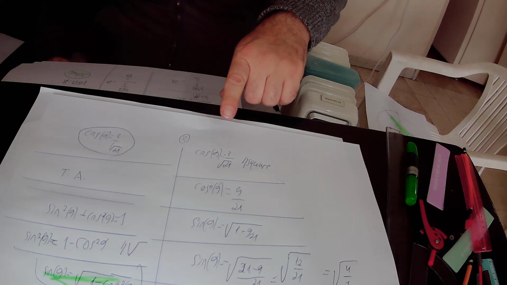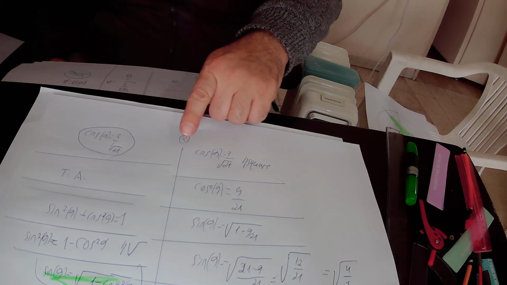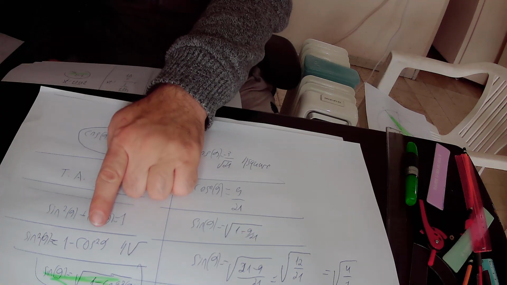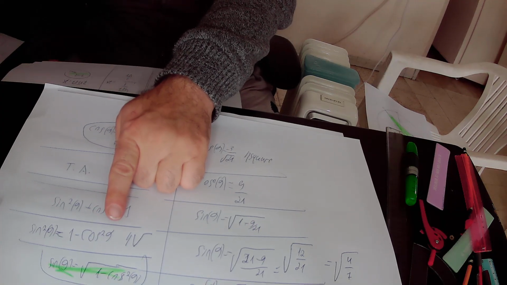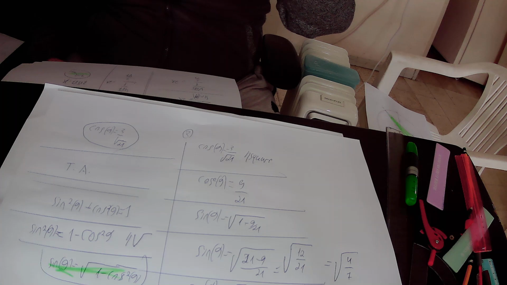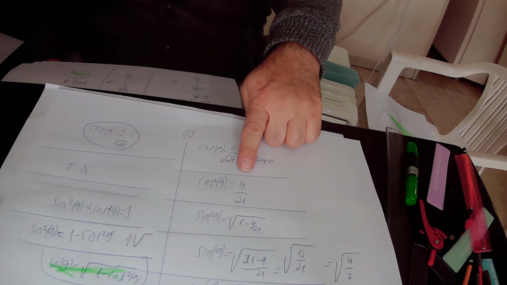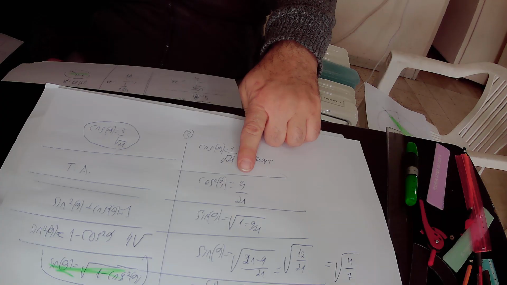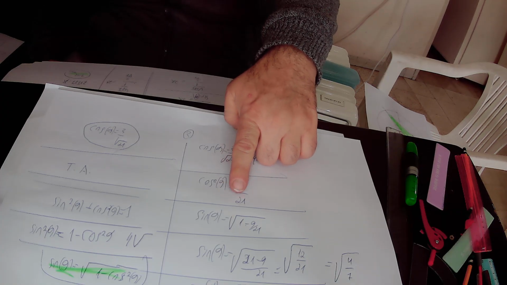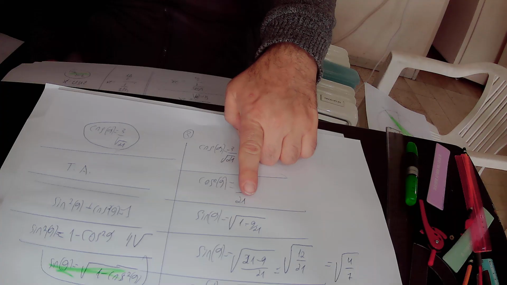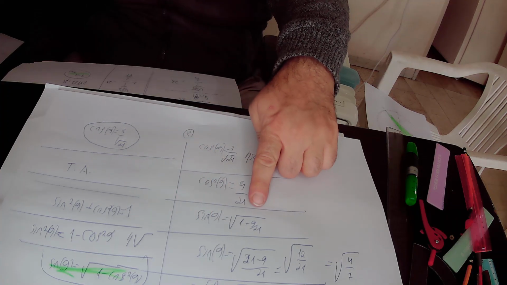And we have the equation that says sin alpha equals the square root of 1 minus cosine square alpha. So we can substitute cosine square alpha in this identity by 9 over 21. We did it, and found out that sin alpha equals the square root of 1 minus cosine square alpha, which is 9 over 21.